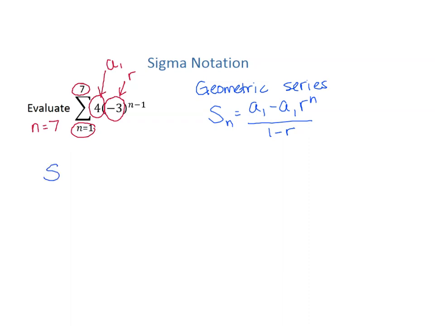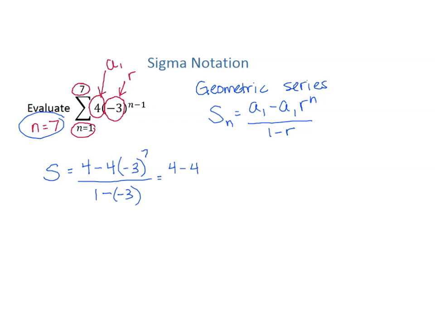So our sum is going to be the first term, which is 4, minus the first term times the common ratio, which is -3, raised to the n, which is 7, all over 1 minus -3.